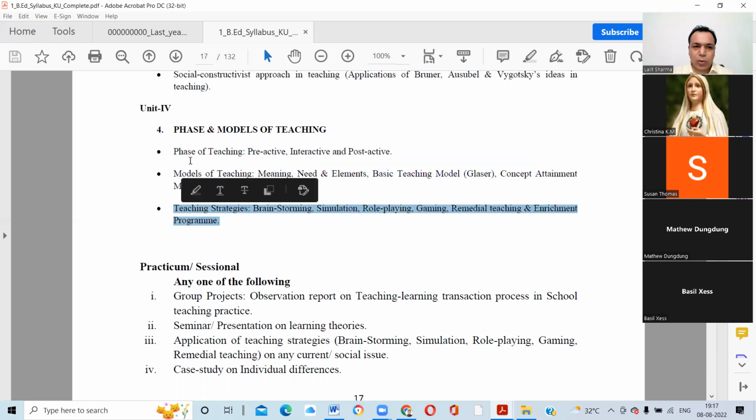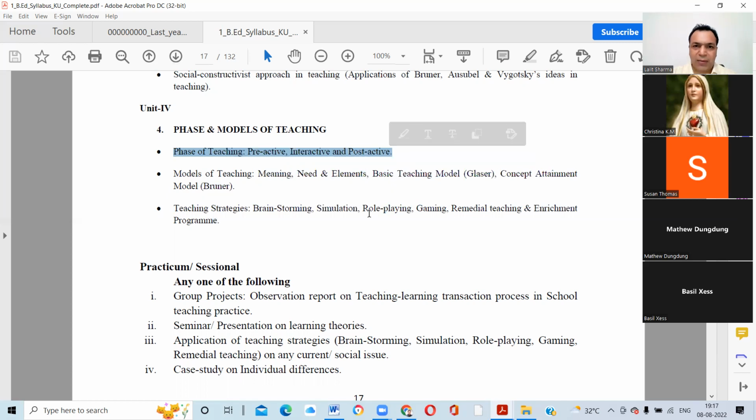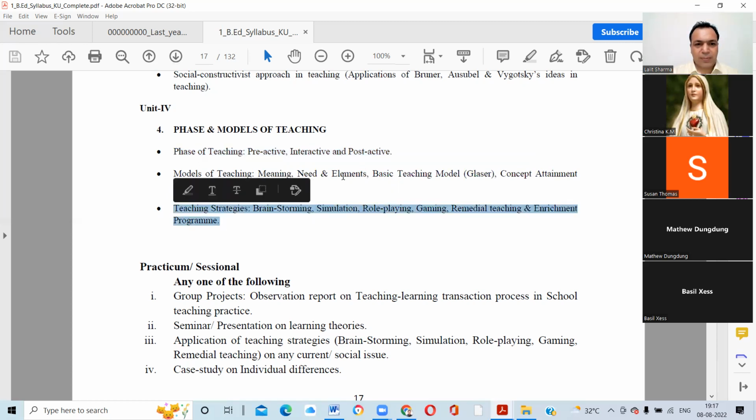Okay, guys. So this part, phases of teaching, preactive, interactive, and post-active, you have to prepare for the short answers. The long question will never come, I don't think so, because you cannot stretch it; the answers are very small. So long questions would come from these 2 parts, either this or this.